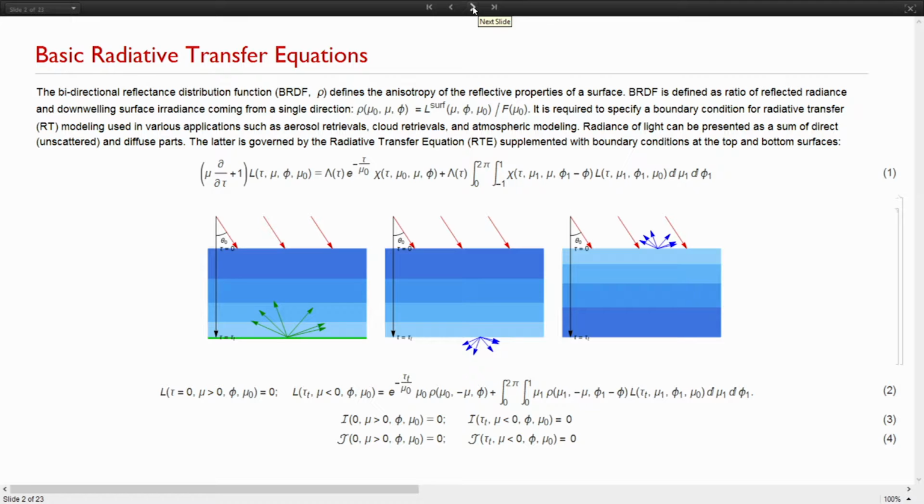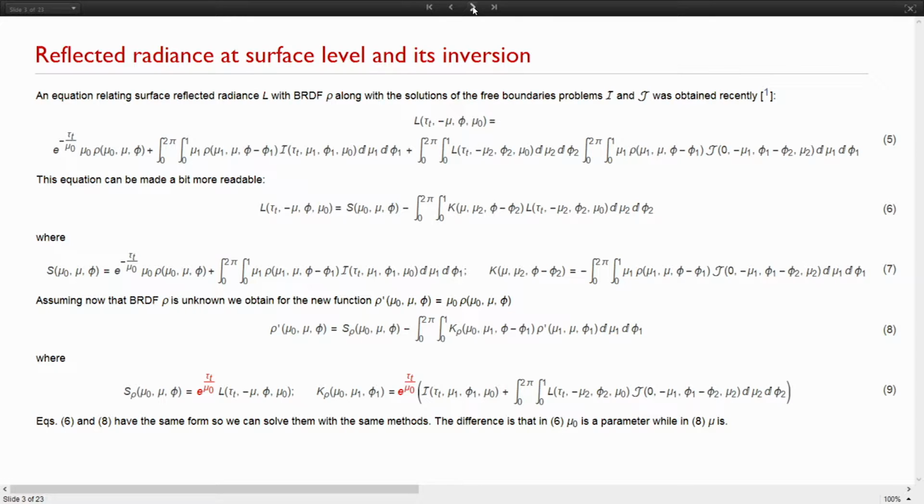I will denote the solutions of these three problems with letters L, I, and J. And some time ago, I found a relationship between these three solutions and BRDF rho. It is given with equation 5.